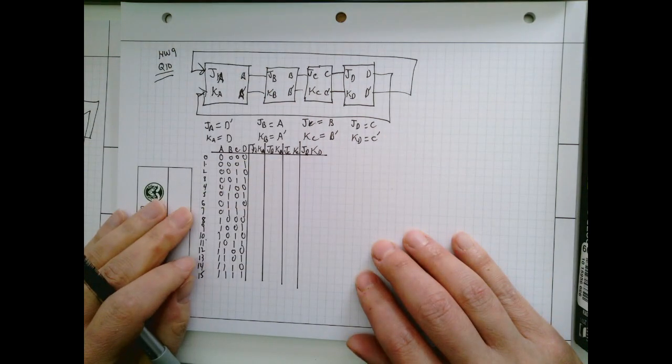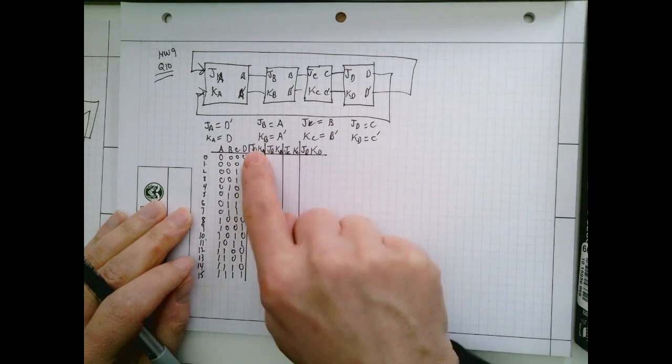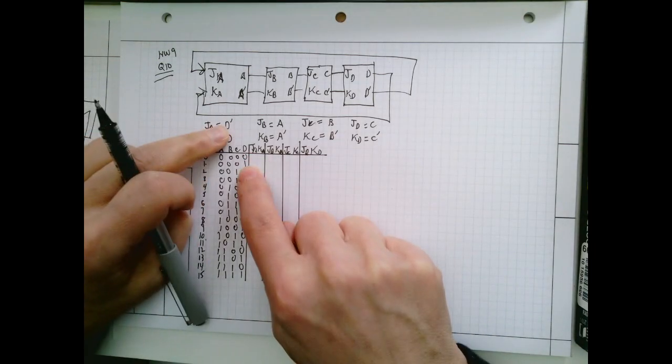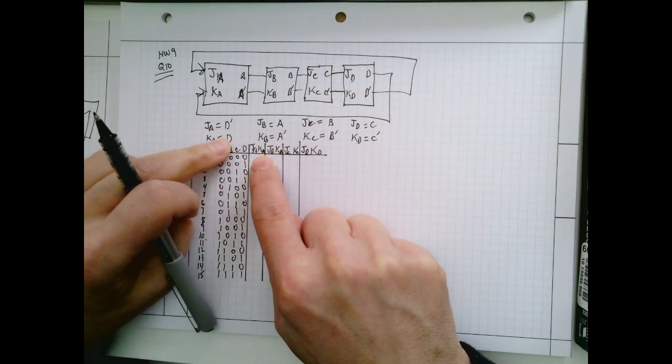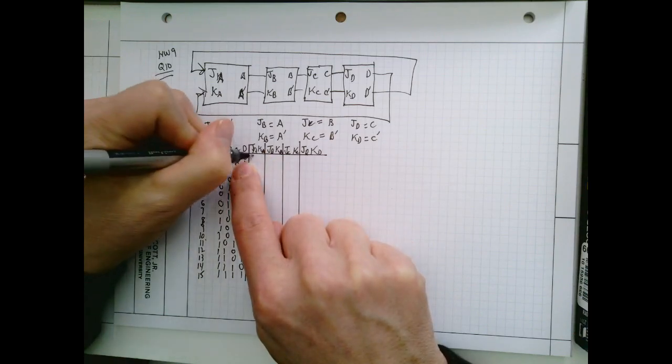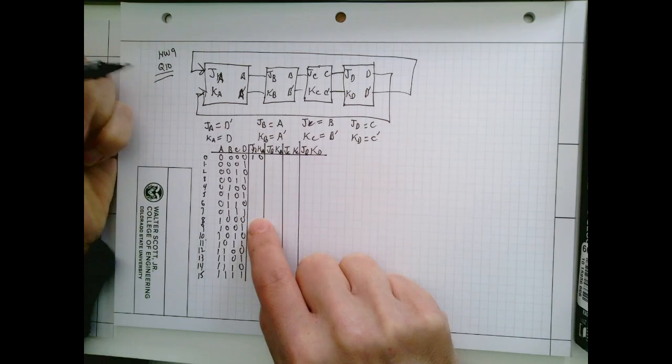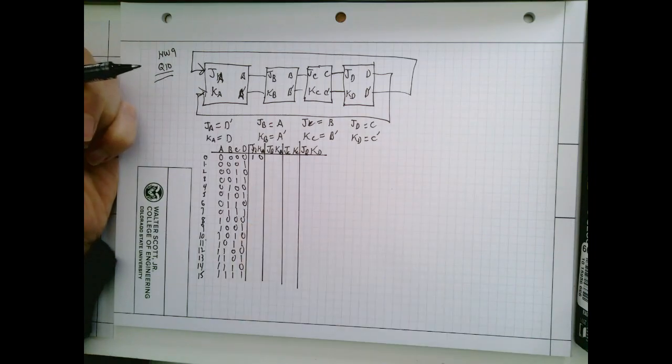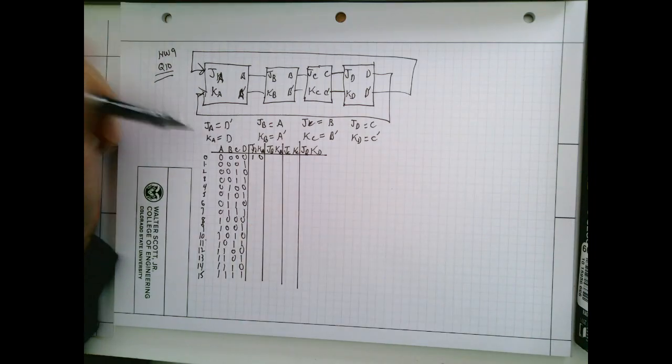So, J sub A is equal to D prime, K sub A is equal to D. So if D is equal to 0, J sub A must be a 1, and K sub A must be a 0. Does that make sense? It says it right here.